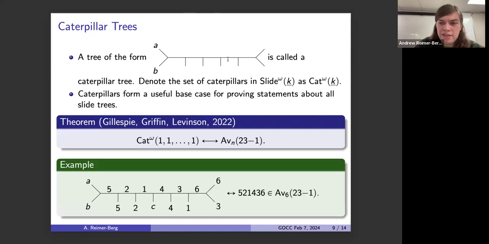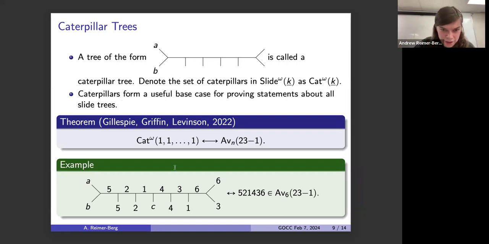So the way this bijection works is if you perform the slide algorithm on your tree, well, if it's a caterpillar, your internal edges are a path. And so you just read off the labels for the edges from the root to the other side.